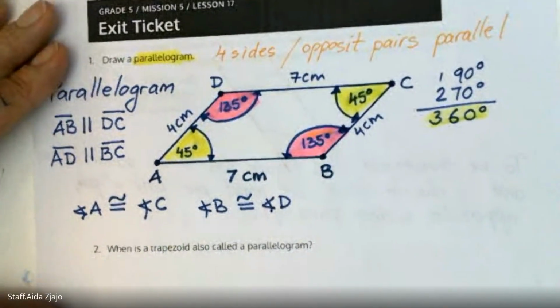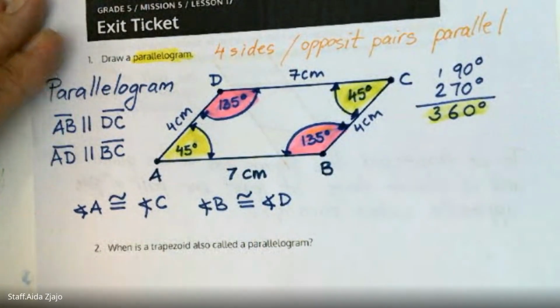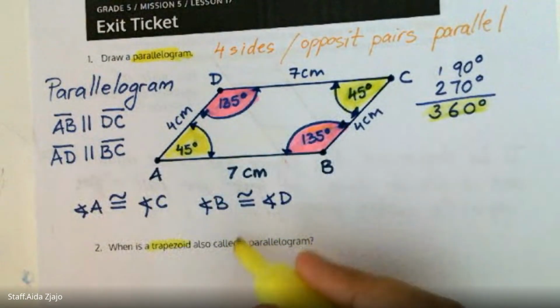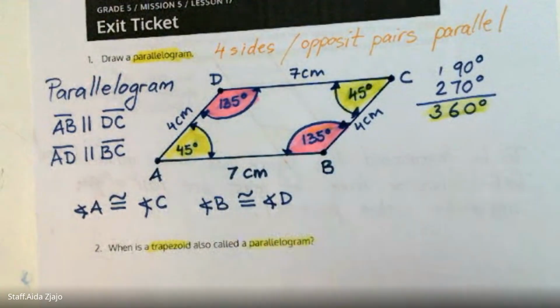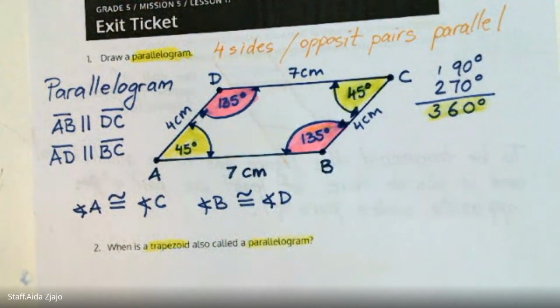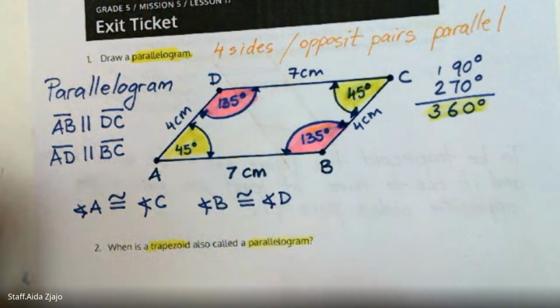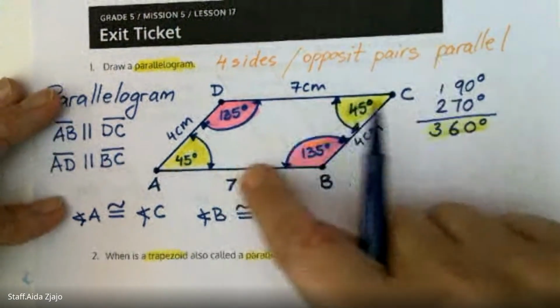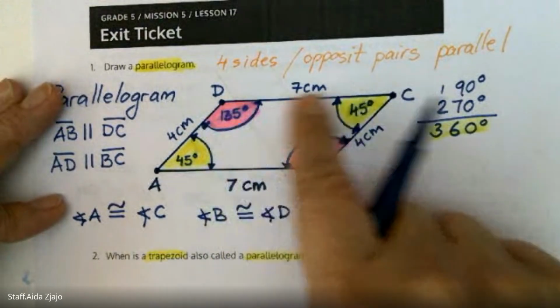So that is our parallelogram. Question 2 asks when a trapezoid is also called a parallelogram. To be a trapezoid, you have to have at least one pair of parallel sides. Not all trapezoids are parallelograms, but a parallelogram has two pairs of parallel sides.